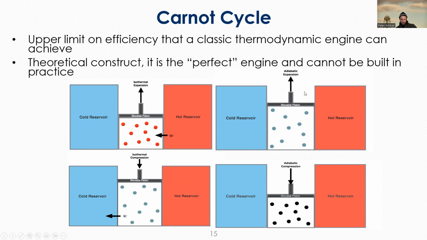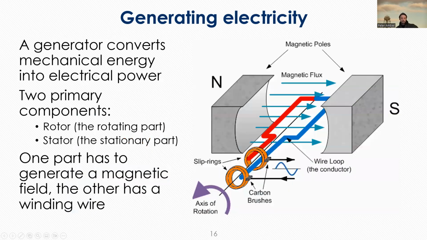Okay, so what is the type of work that we would like to extract from these systems? If you brush up on your electricity and magnetism, the thing that we want to get out of the combustion of fossil fuels and the production of movement is the generation of electricity.